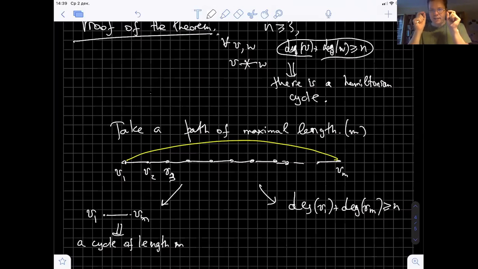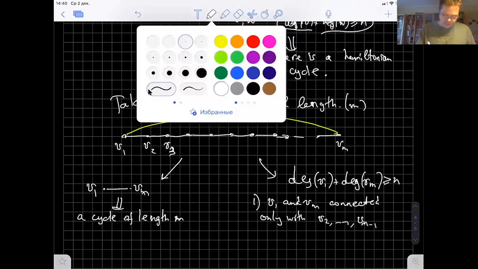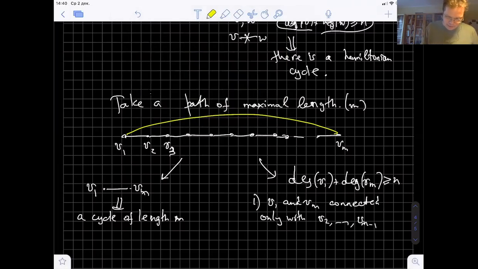But if it is a path of maximal length, then v1 and vm cannot be connected to any vertices outside this path. So v1 and vm are connected only with v2 through vm minus 1, because if either was connected to any other vertex, for example w, then it would not be a path of maximal length, since we could construct a path of length m plus 1.